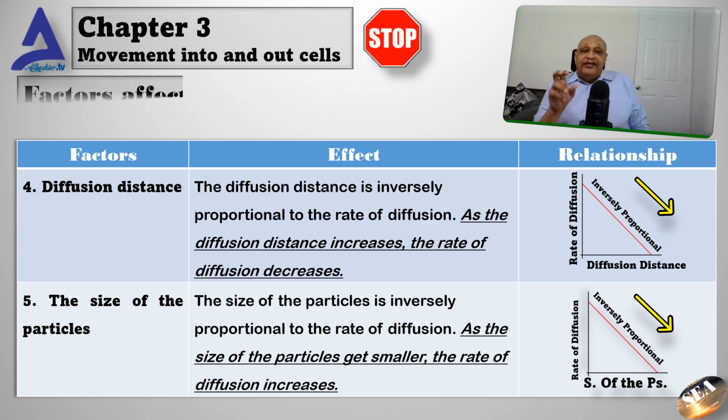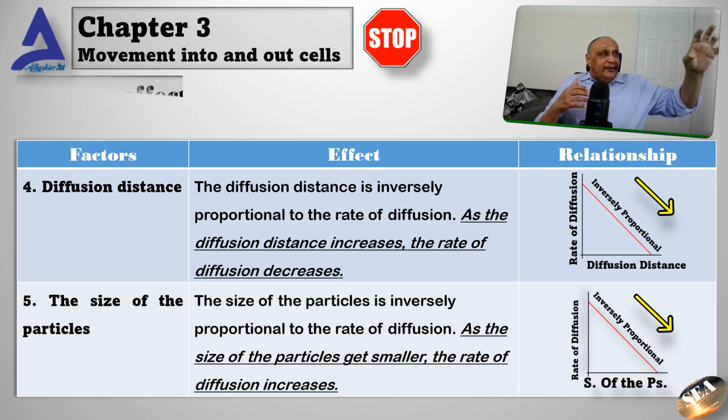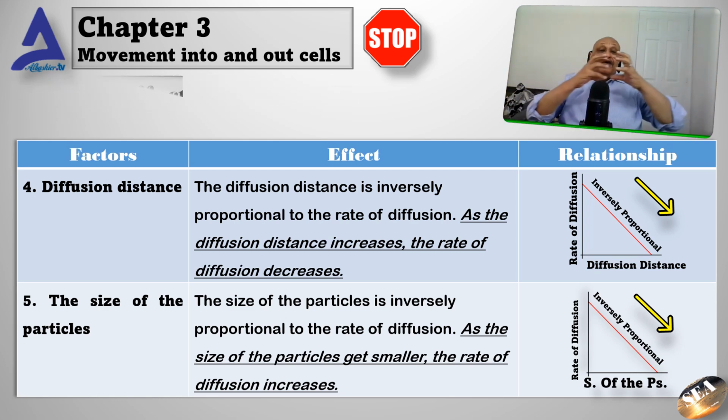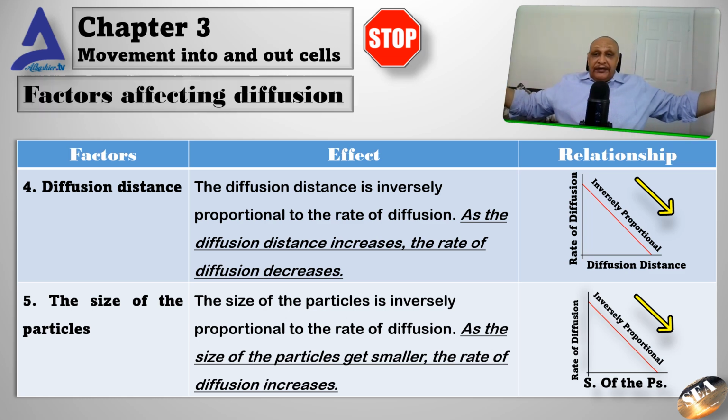The first one, which is number 4, is the diffusion distance, the distance between the high concentration and the low concentration. Whenever this is larger, the diffusion rate is going to decrease.